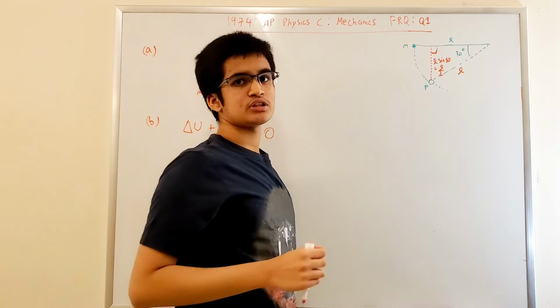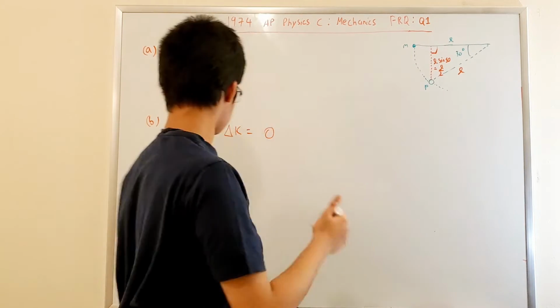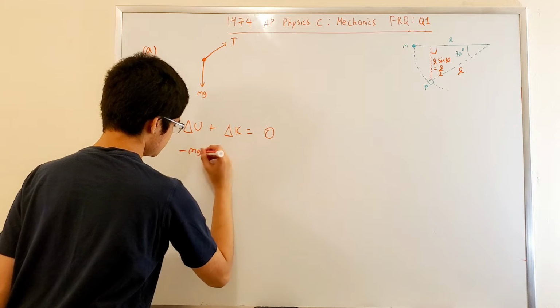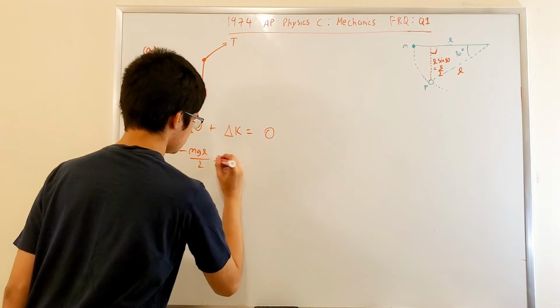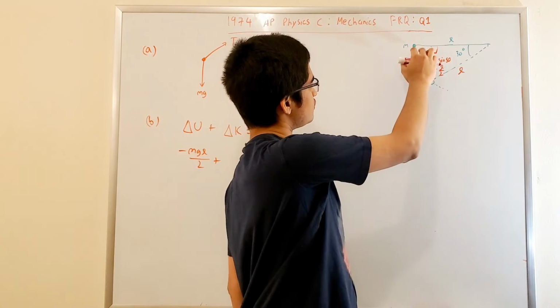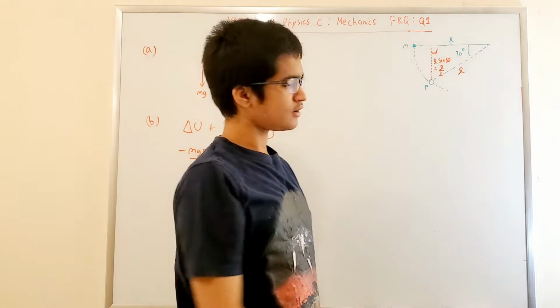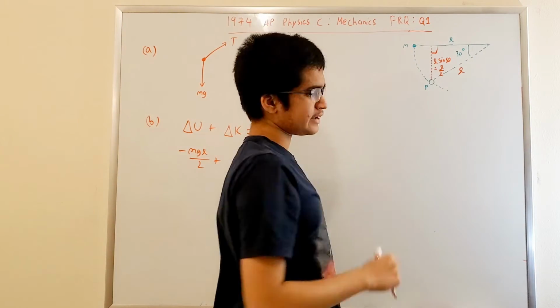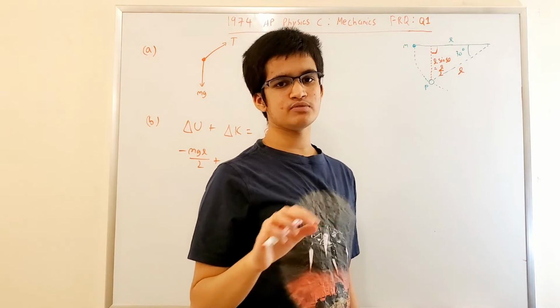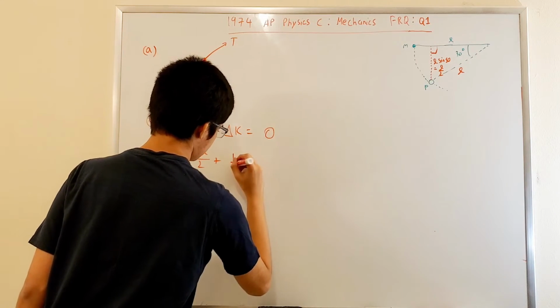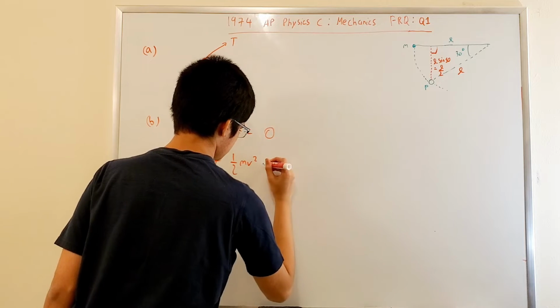And our final potential energy is going to be 0. So our change in potential energy is negative mgL over 2. Our change in kinetic energy: initially it had a kinetic energy of 0 because it wasn't moving, and at the end it had a kinetic energy of half mv squared. So the change in kinetic energy is given by 1/2 mv squared.